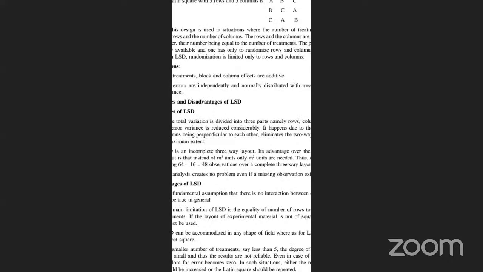The Latin square design is an incomplete three-way layout.